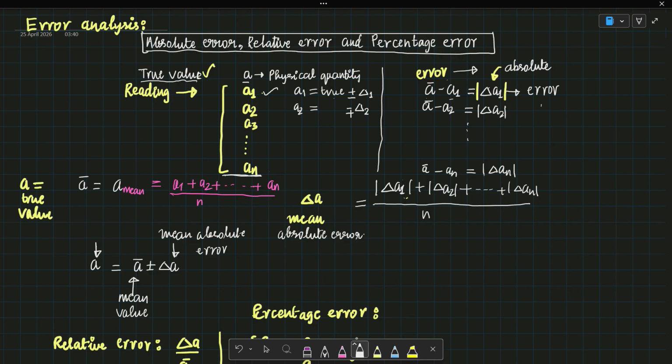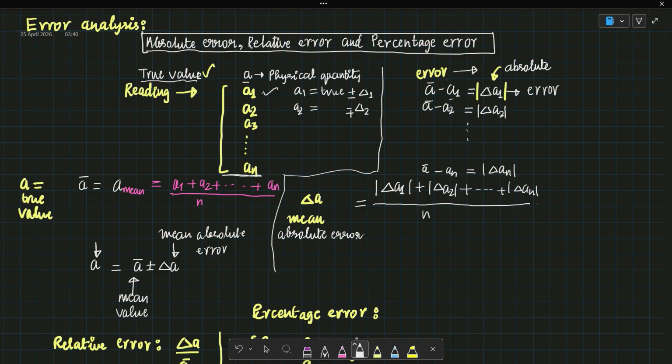So we can measure absolute error in all the measured values, and when we take the average of that, that is called mean absolute error.